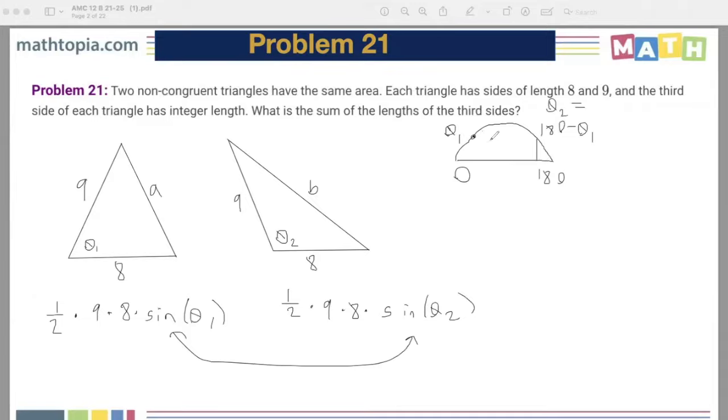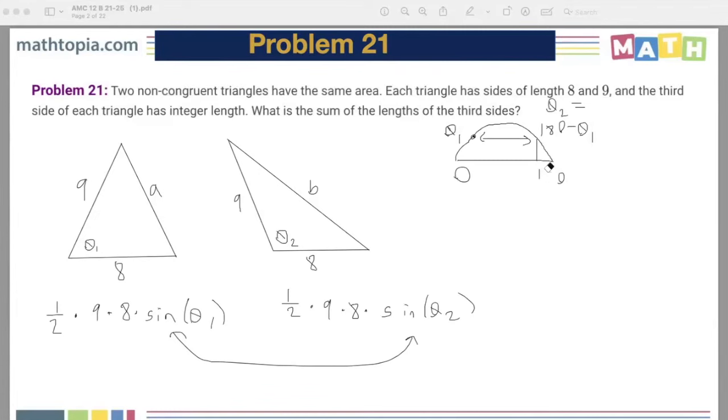So if you have two angles of a triangle whose sine values are the same, but they're not the same angle, then they have to be across from one another on this range of the function from 0 to 180. So theta 1 and theta 2 actually have to add to 180 degrees.